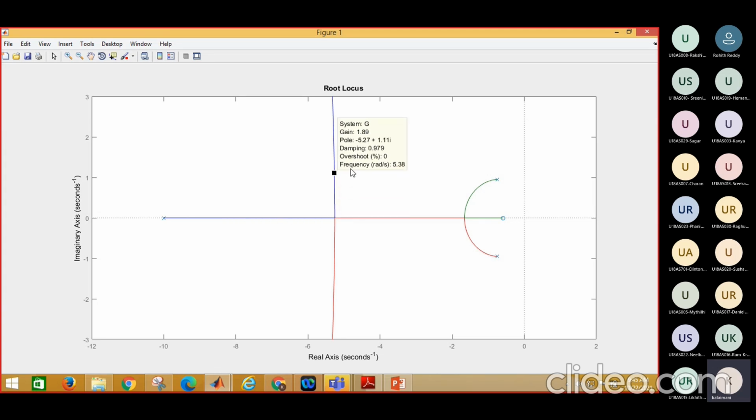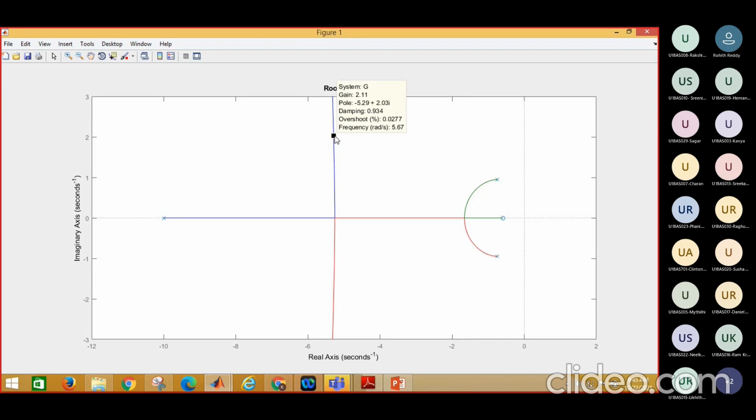Now I come to here, my gain. The gain means the rate gyro sensitivity value. If the rate gyro sensitivity value is 2.07, I have a damping of 0.94, that is, the overshoot is 0.014 percent. We keep on moving along this direction.